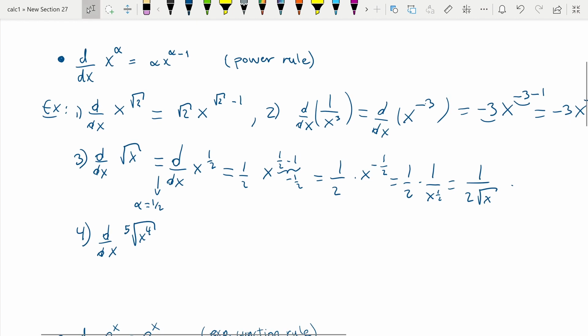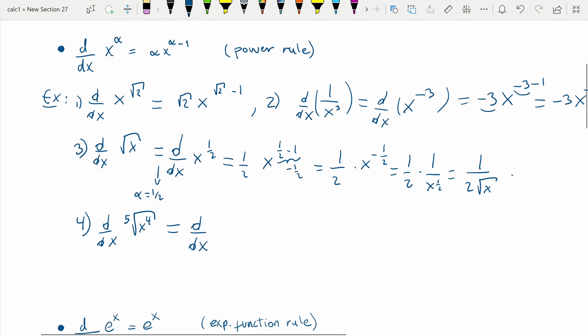Use a different number. And again, we must identify alpha. Alpha, which in this case is equal to, what is it equal to? 4 over 5.